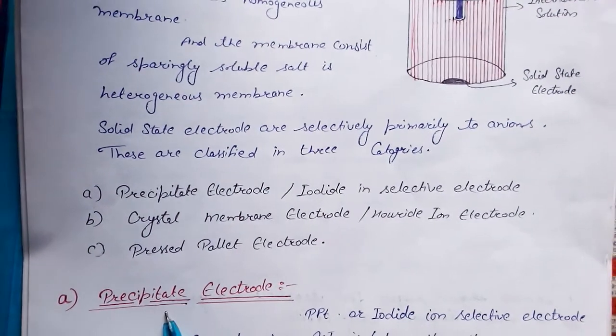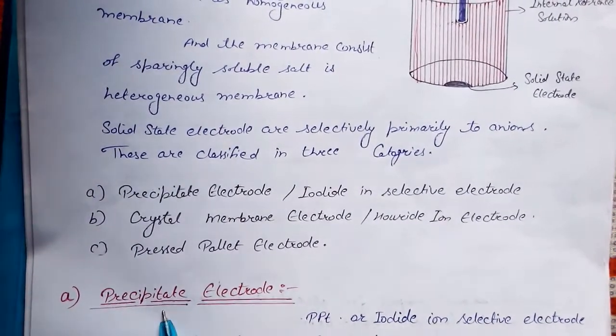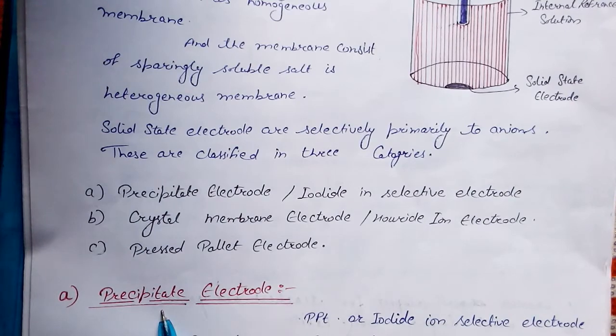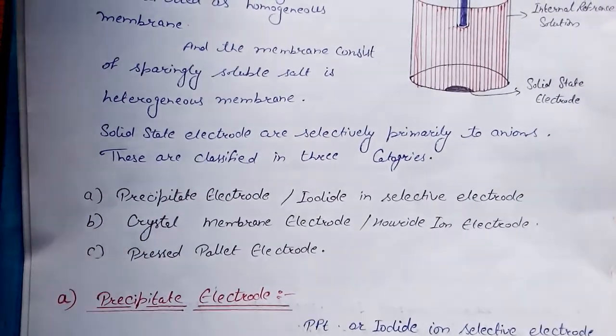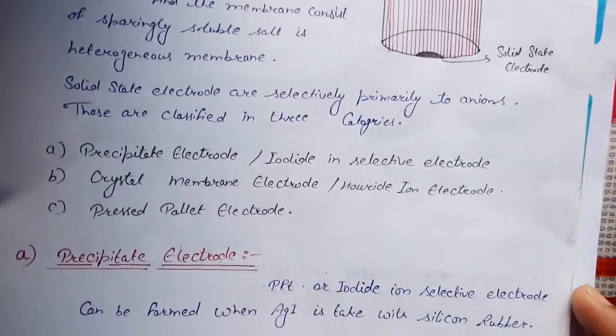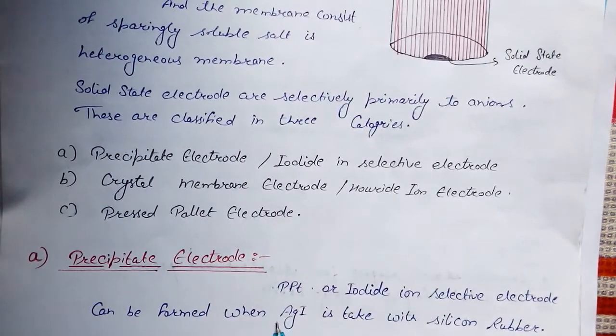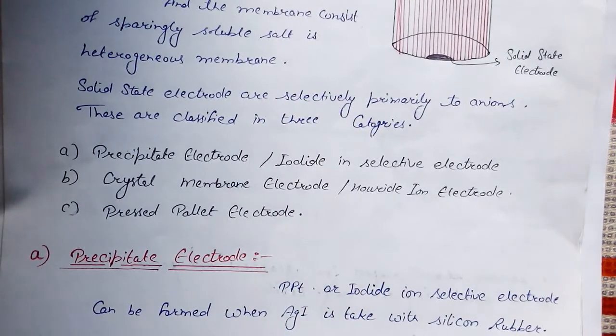From the name you can tell that it will involve a precipitate, so there will be formation of a precipitate. What kind of precipitate will be produced here? The precipitate or iodide ion selective electrode can be formed when silver iodide is taken with silicon rubber.